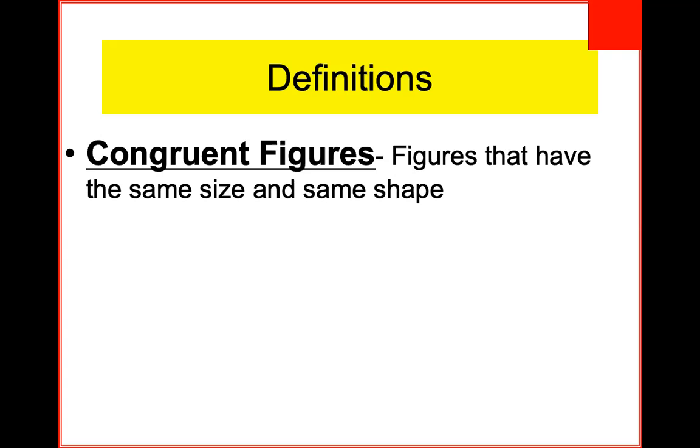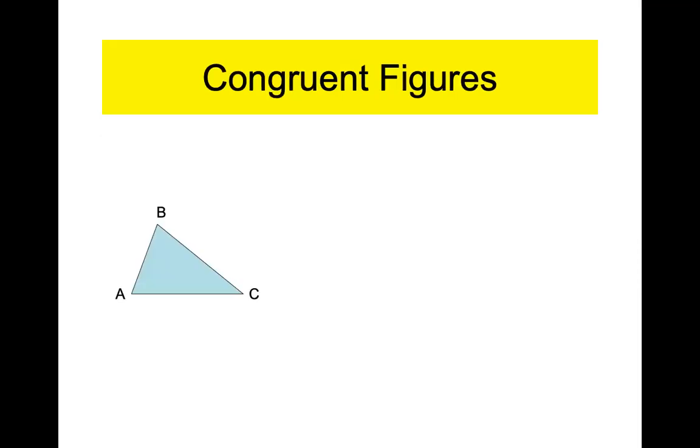I've already said this chapter is about triangles, so let's draw a triangle. Now it says figures, plural, so we're talking about more than one. If you are congruent figures, you have to have the same size and shape. Here's my first figure. If I want to make one congruent to that, it's got to have the same shape.